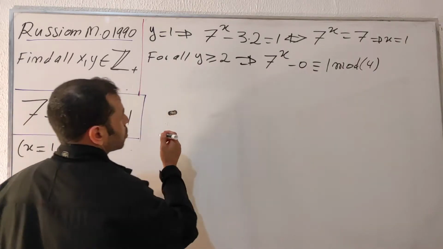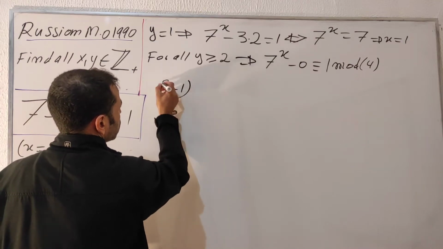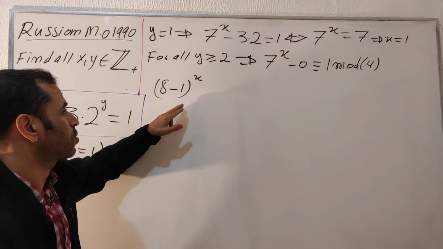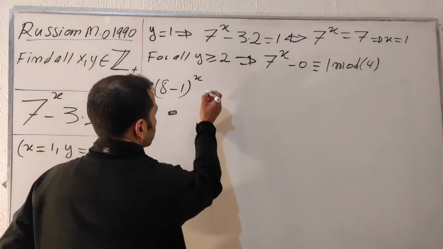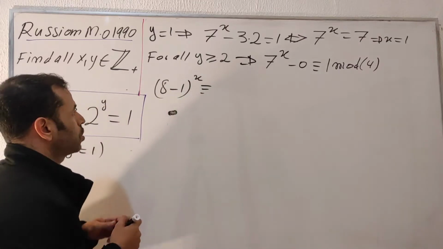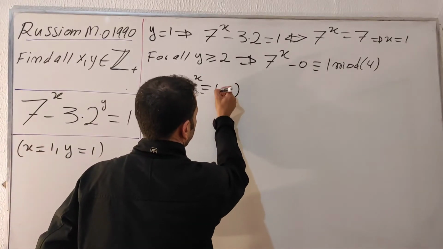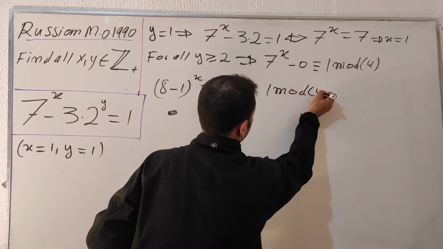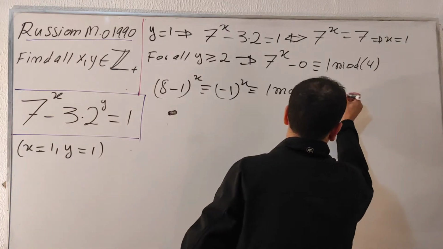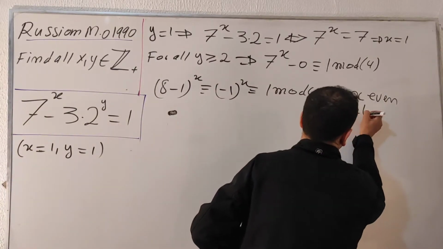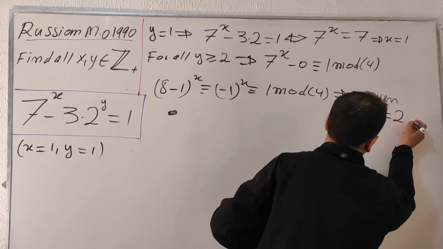Also, 7 is 8 minus 1, so 7 to the x is the same as 8 minus 1 to the x, which is congruent to minus 1 to the x, which is congruent to 1 mod 4. Clearly, x must be even. Let's set x equal to 2n.